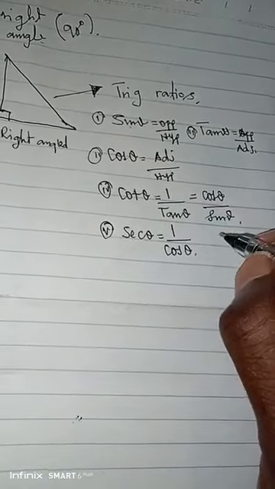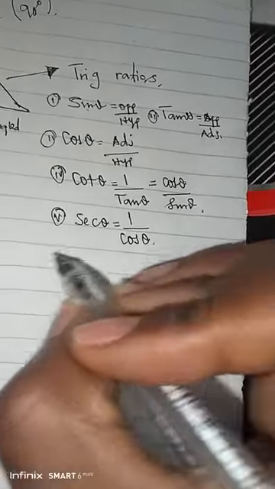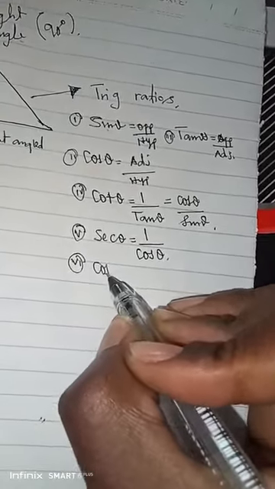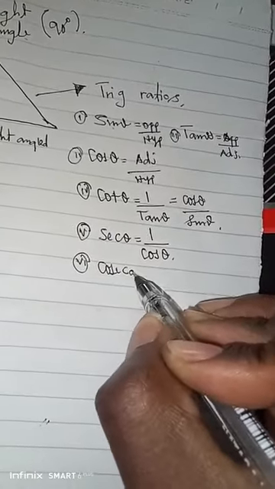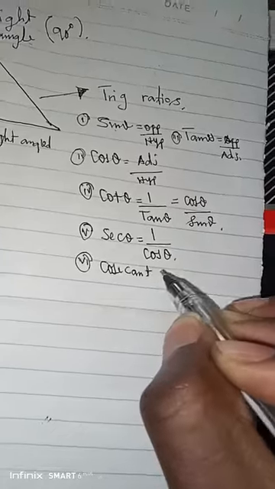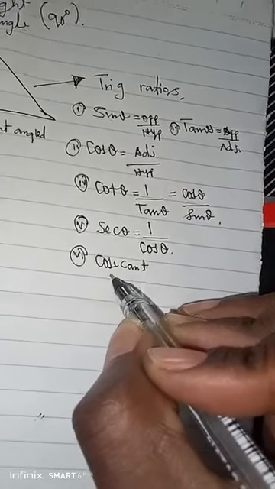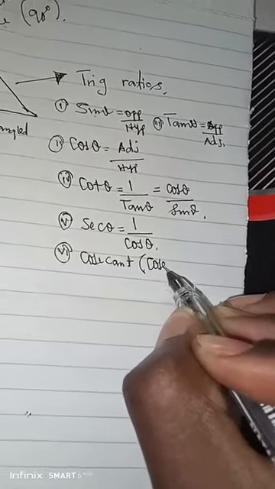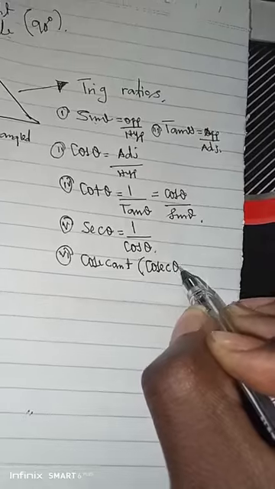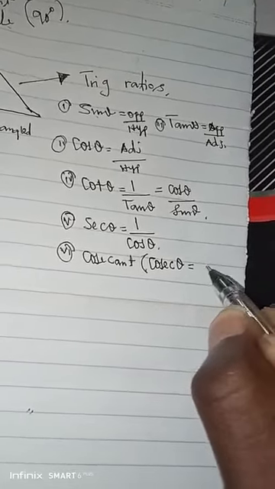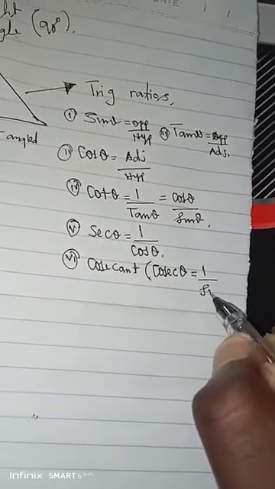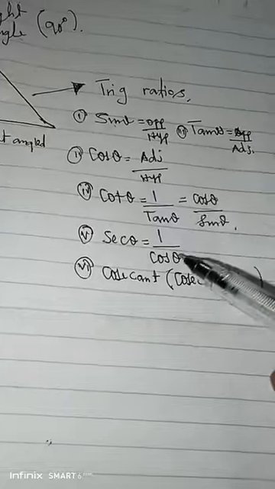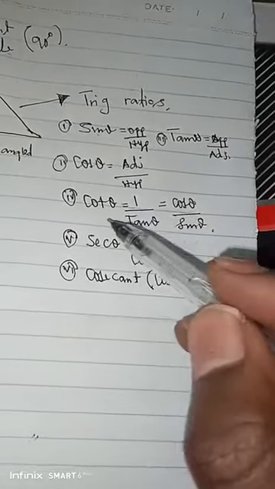And then the sixth one that we can put here is the cosecant, usually written as cosec theta, which is just going to be 1 over sine theta.